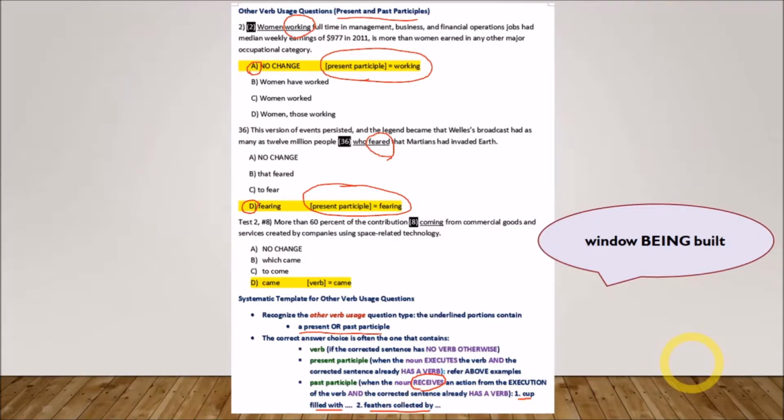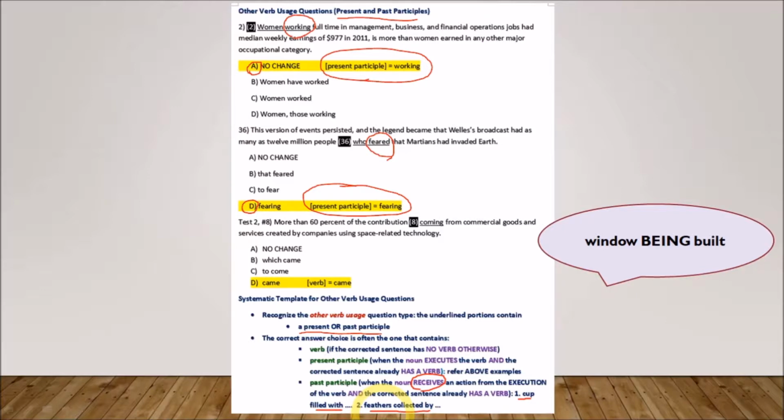Past participles are appropriate here because a cup is filled by someone and therefore receives the action. In other words, the cup doesn't do the filling action. Also, feathers receive the action because feathers are collected by someone. The feathers don't do the collecting action.